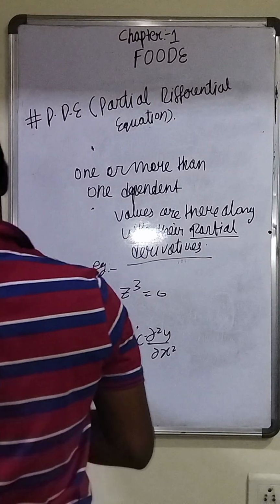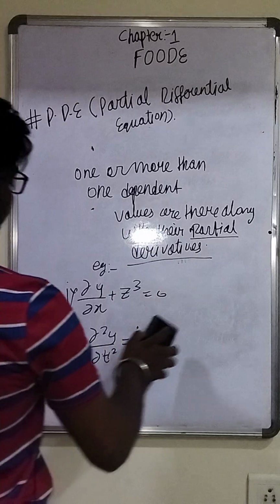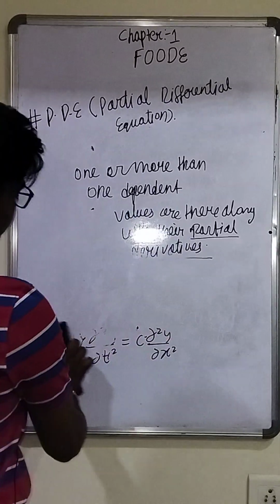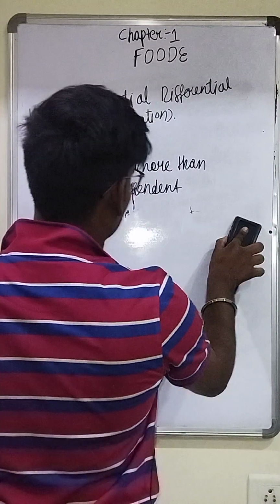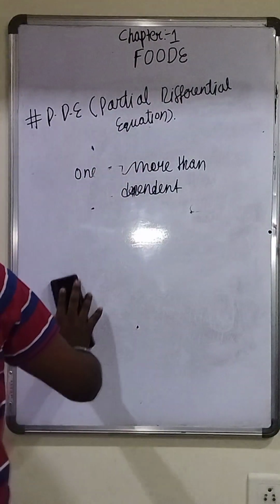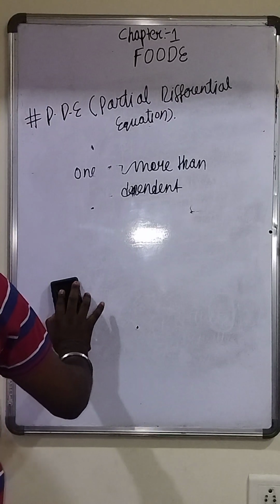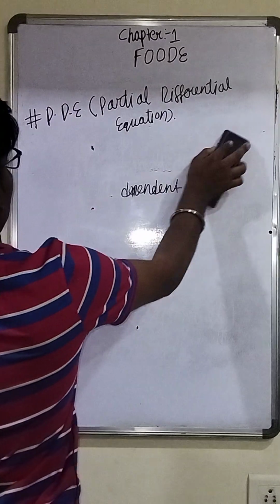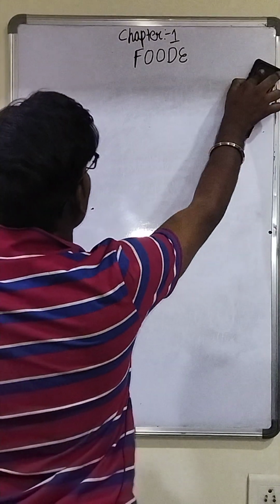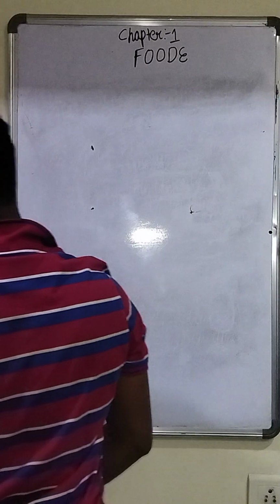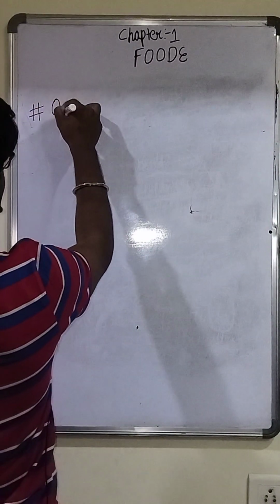So moving on to the next, which is the order. What do you mean by the order of a differential equation? Order means the highest derivative of an equation, which means I am showing you order.